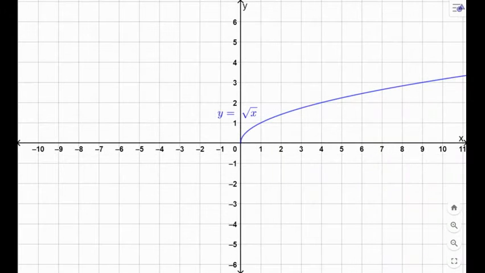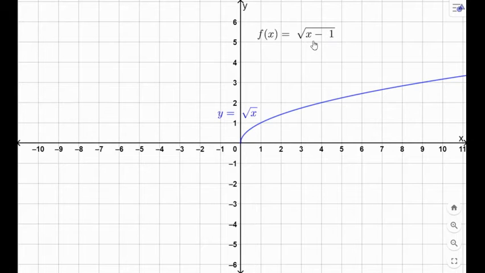So let's consider what happens when, instead of having y equals square root of x, we have a little bit more complicated argument inside the square root. So for example, y equals, or f of x equals, the square root of x minus 1. You may recall, and looking at this picture, you can see that we have it stopping here on the axis at x equals 0, which is the very thing that makes inside here equal to 0.